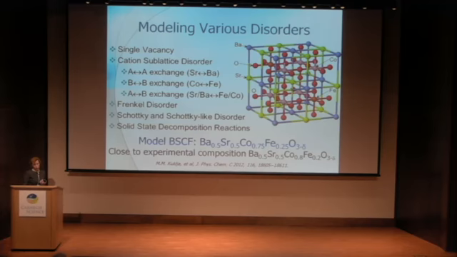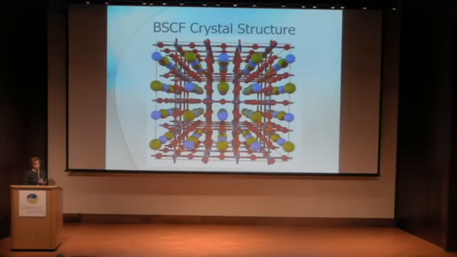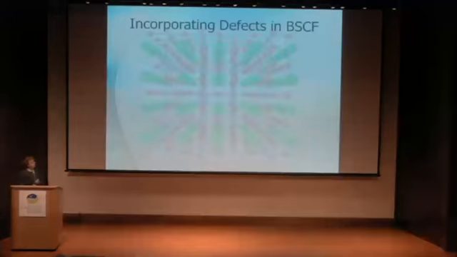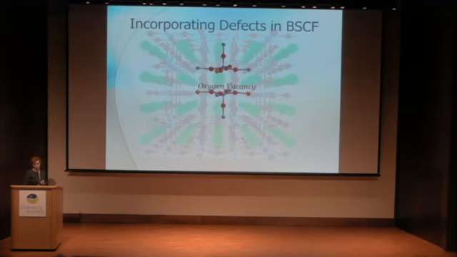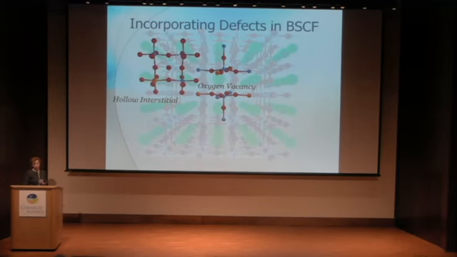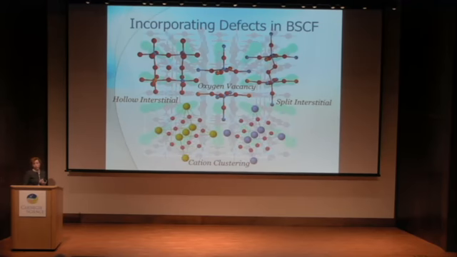We also wrote solid-state decomposition reactions and looked at their energies and enthalpies to make some conclusions about stability of the material. So simple structure, as I said, we started with cubic, and then we populated it with defects. So a simple oxygen vacancy, hollow interstitial defect, split interstitial defect, and cation clustering or cation lattice disorder.